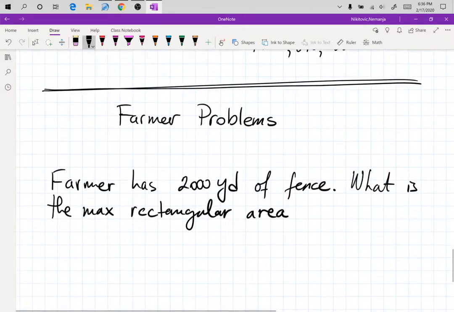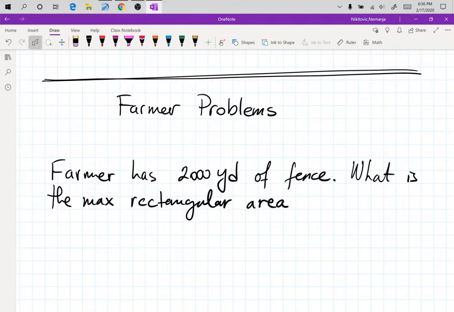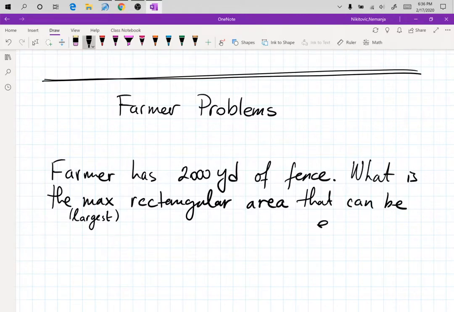So what is the largest, maximum rectangular area that can be enclosed?